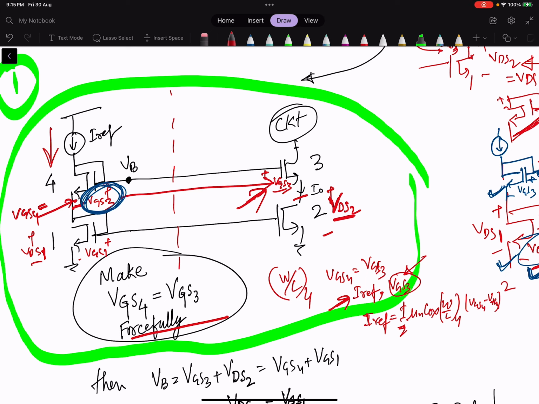What are the known things here? We know IREF, and we know VGS4 is equal to VGS3. So by this we can find the W by L requirement of this device. By this way we can design M4.